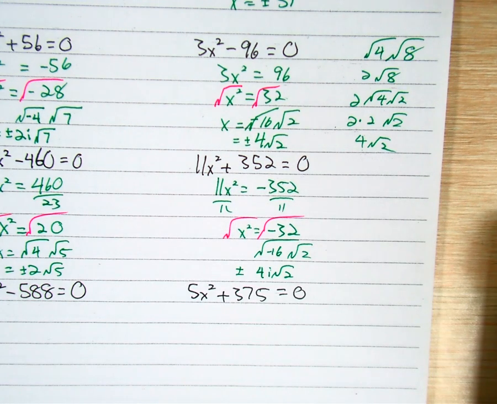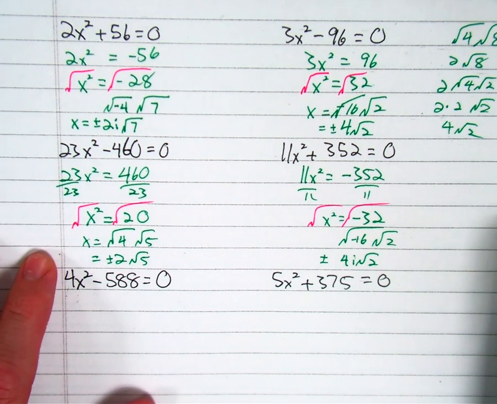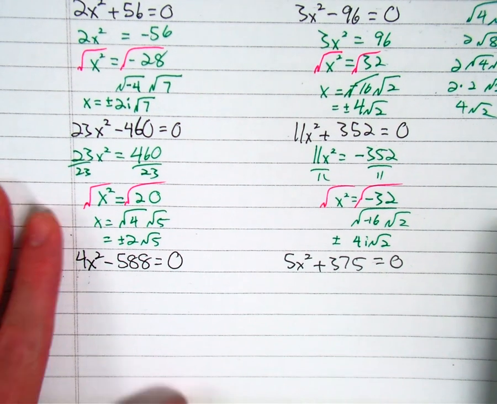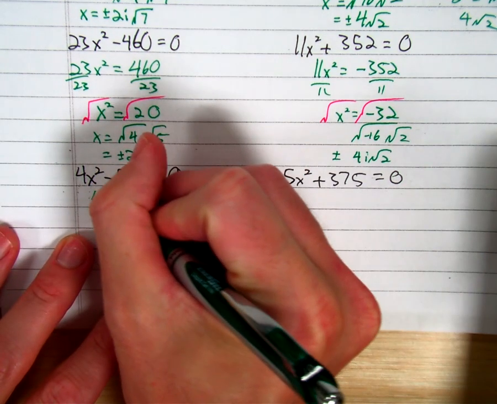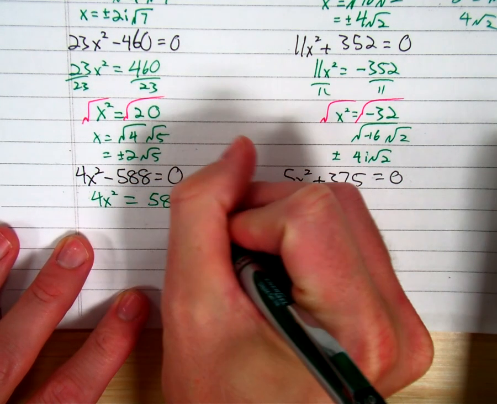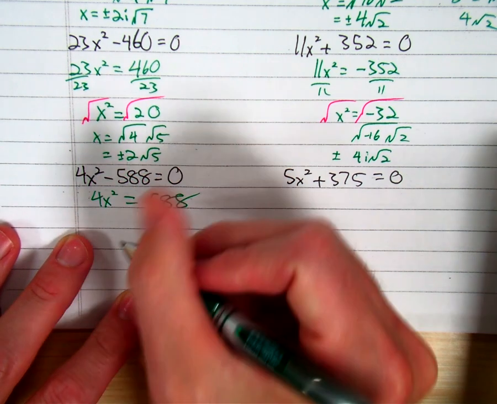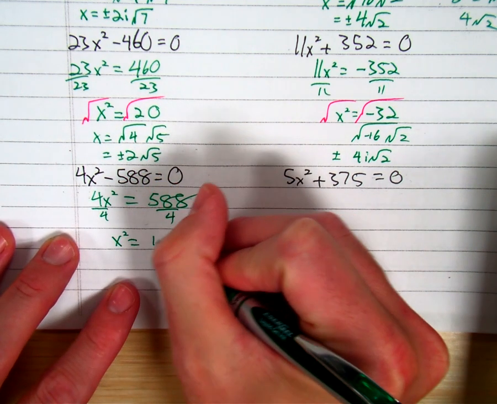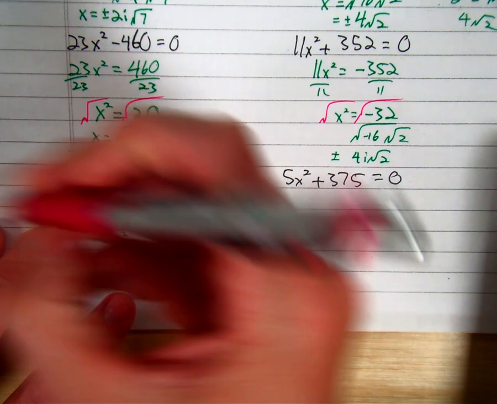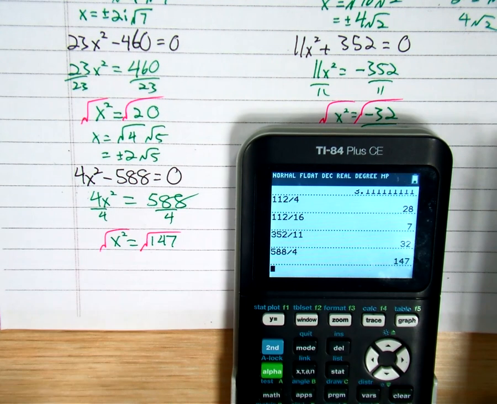Two more to go. We're almost there. All right. 4x squared minus 588. Add the 588 to both sides. Divide by 4. 147. This is a tricky one. Think about it. Okay, so if you get stuck, this is what I do.